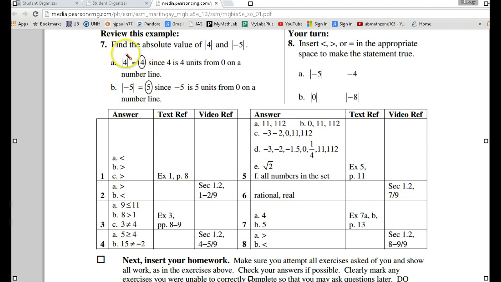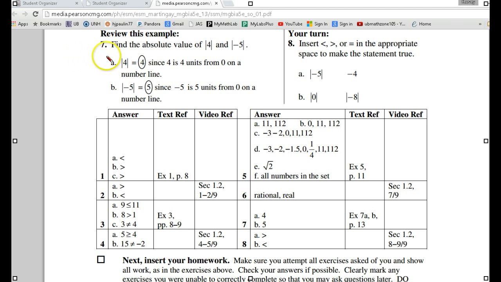Now in number 7, they're asking us to find the absolute value. Remember, absolute value is the distance that something is from 0. So whether it's on the left side, and they're negative values that go up to 0, we're just going to count them.